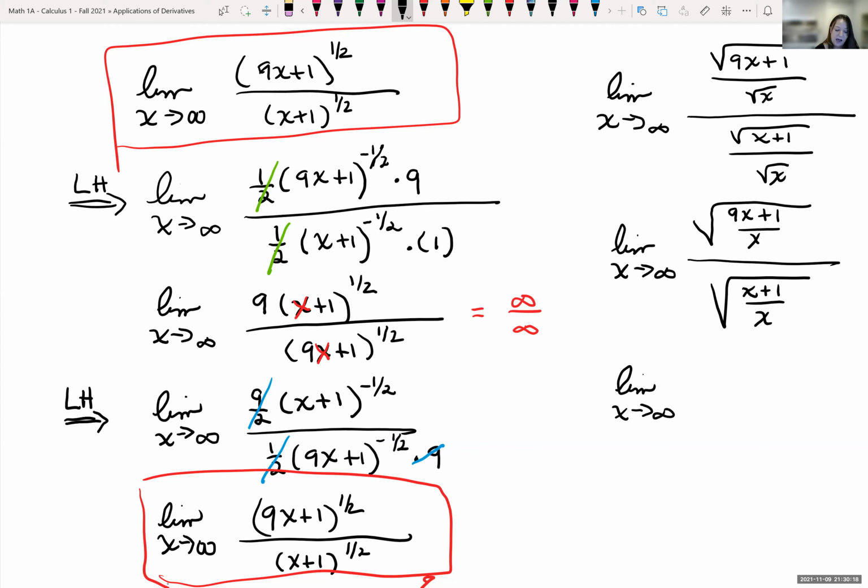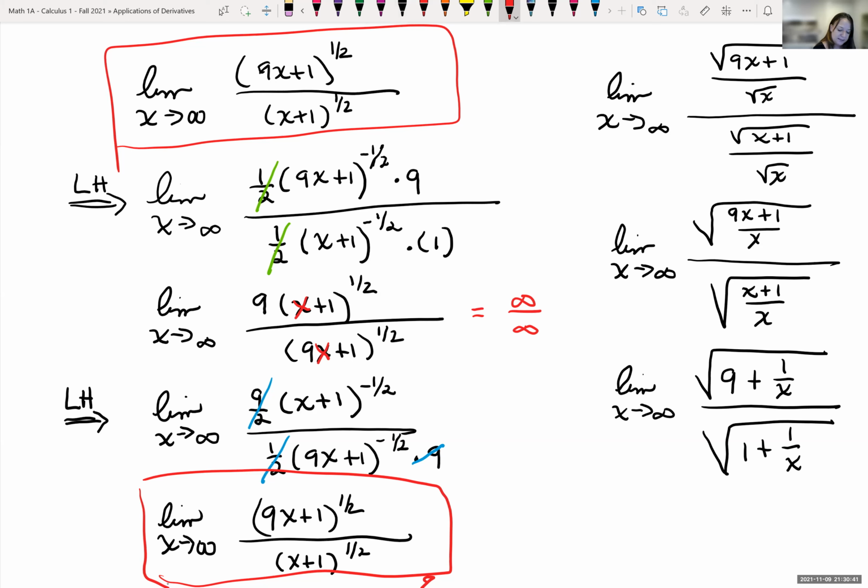So let's break that down as 2 separate fractions. So if I do that, that gives me the square root of 9x over x, which is just 9, plus 1 over x divided by the square root, x divided by x is 1, plus 1 over x.